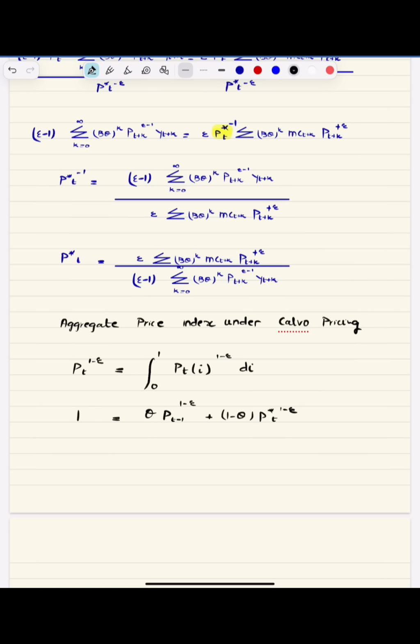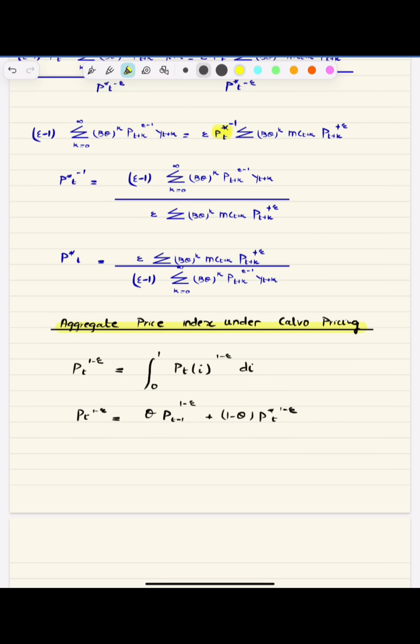And again, this is the non-linearized version, and we have to linearize it before we can substitute the optimal price into the linearized version of the price index to obtain the Phillips curve.